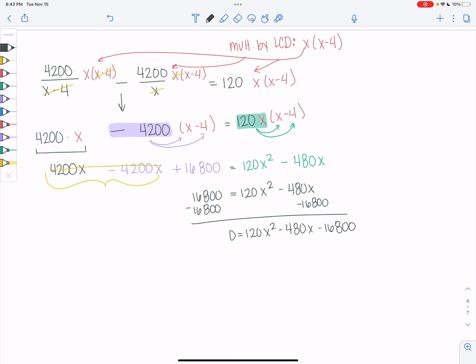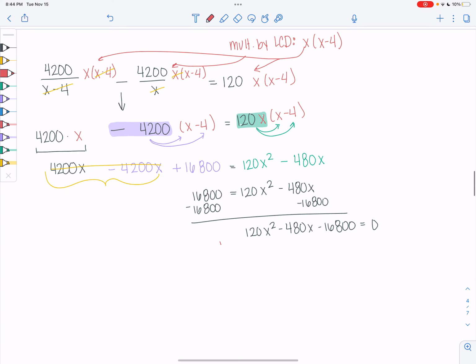Now I need to divide out a GCF, and I'm thinking that there is a GCF of 120. And so I'm also going to go ahead and rewrite it. I'm going to take this 0 and move it around back, just so I shift that order to look more traditional.